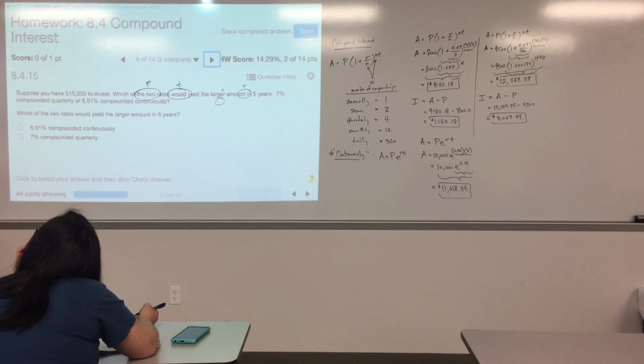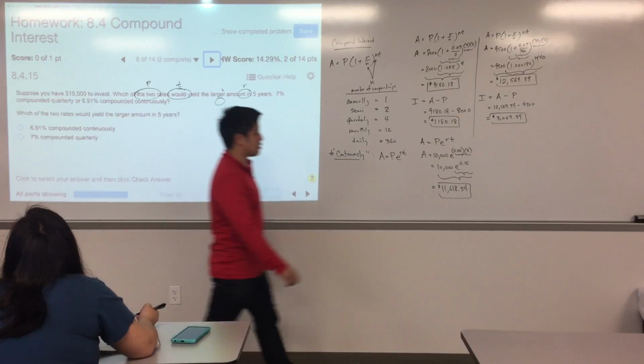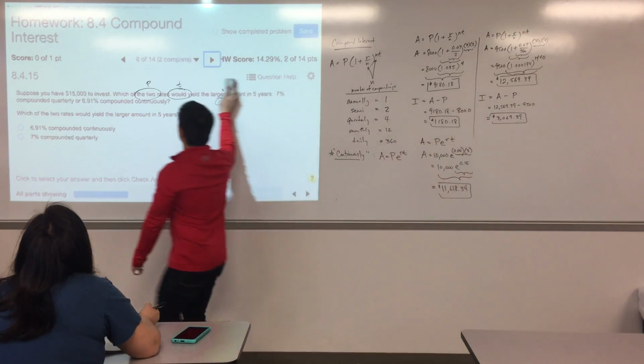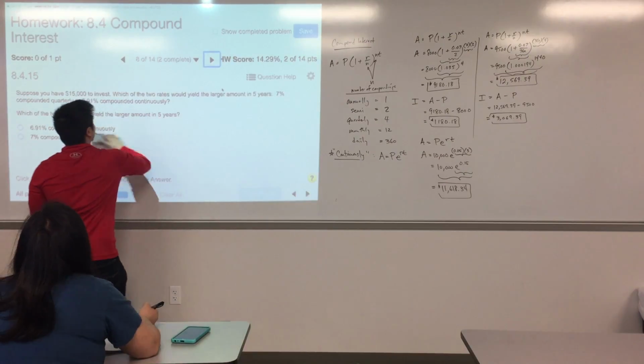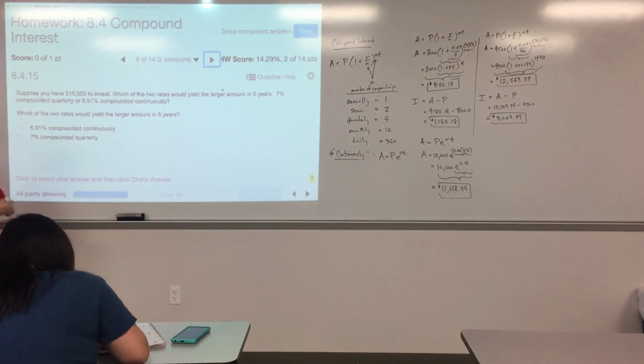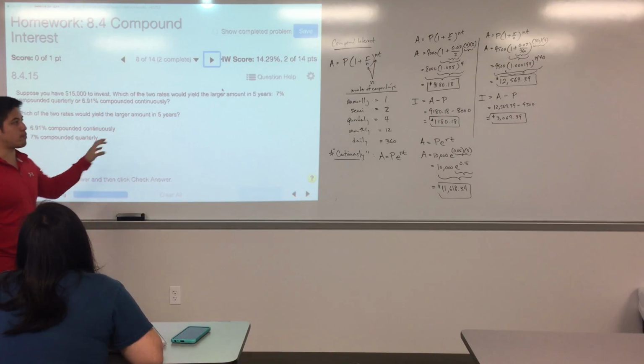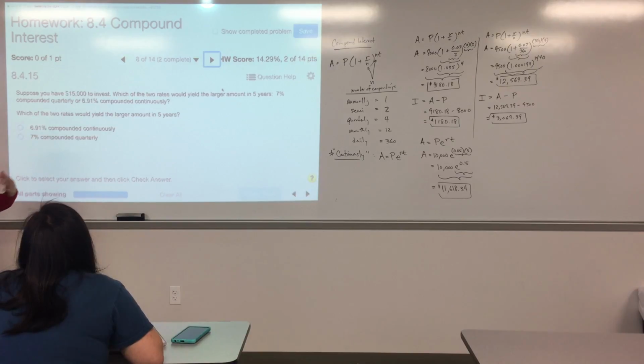Now, let's talk about this next one. All right. So on this next one, we're not going to actually do the full-on problem. But what I want you to do is understand what is going on. Let's read this.